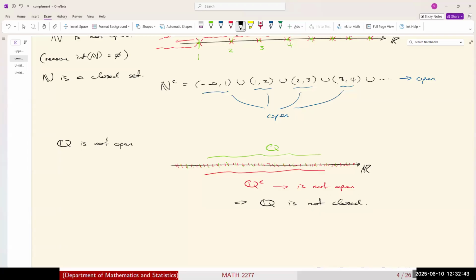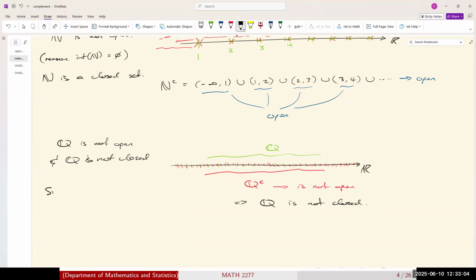Okay, so Q is not open and Q is not closed. So the rational numbers are an example of a set that is neither an open set nor a closed set.